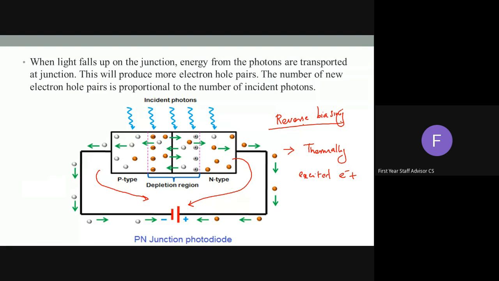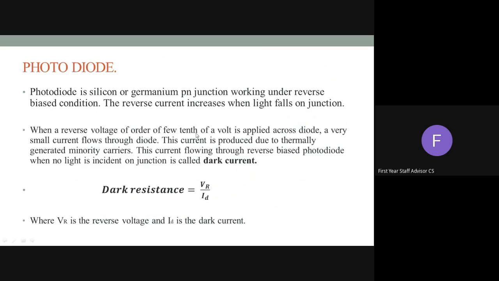That means in a reverse biased PN junction diode, a tiny amount of current will flow through this circuit. And this current, when no light is incident on the depletion region, is known as dark current. So what is a photodiode?